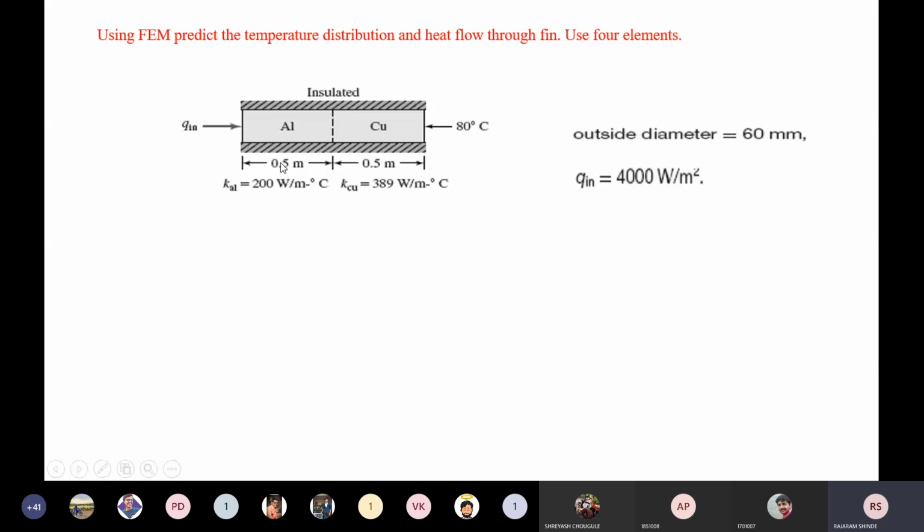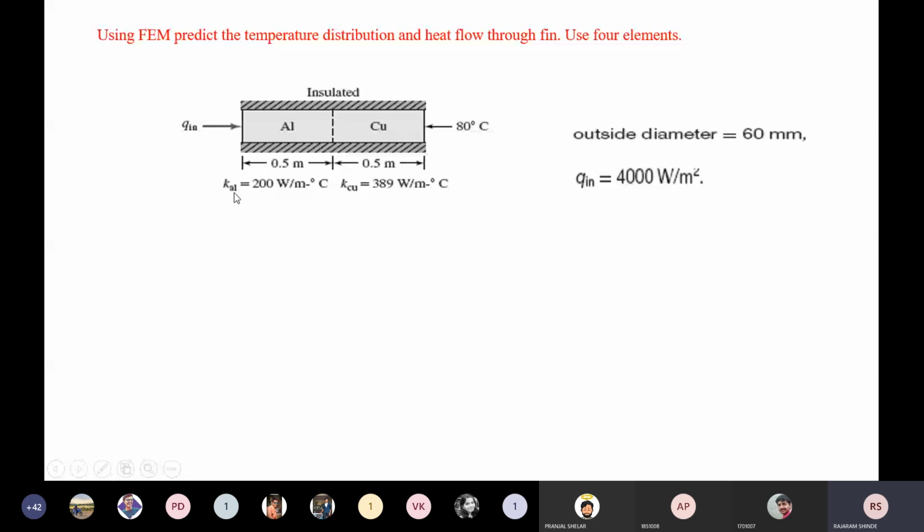Now its length is 0.5 meter. Here this length is also 0.5 meter. You use elements of same length. That means first aluminum you have to discretize by using 2 elements of length 0.25 and 0.25. This also you have to discretize by 2 elements of length 0.25 and 0.25.